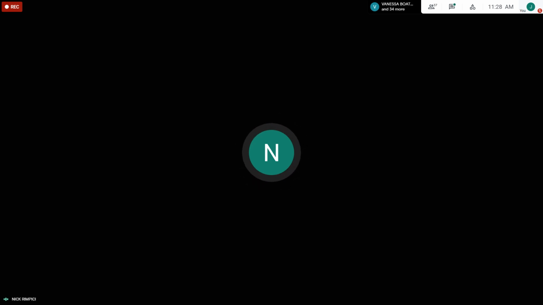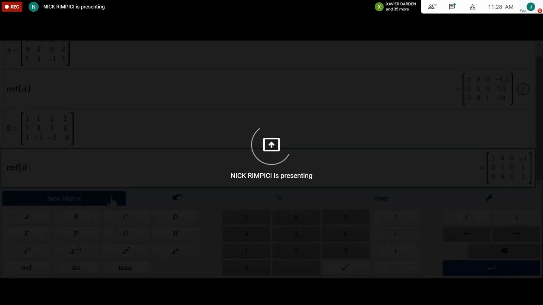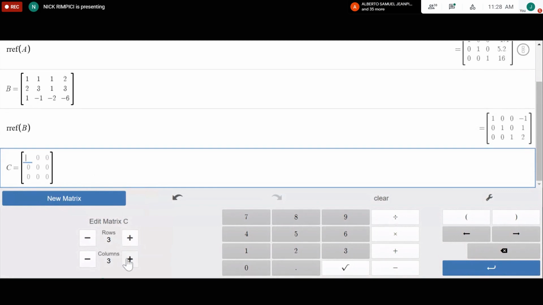Let me go back to Desmos. Okay, I'm in Desmos, making a new matrix. This is too little, so I have to add a row and add 2 columns. Now it can fit. My first row is 3, 2, -5, 10.